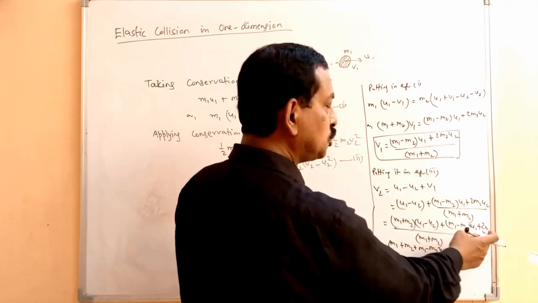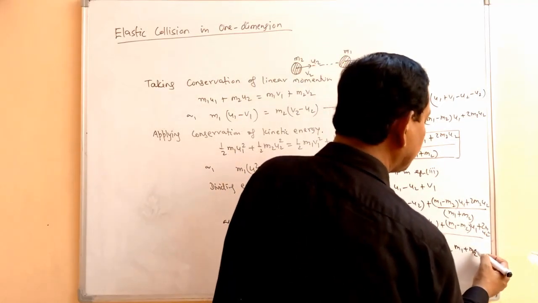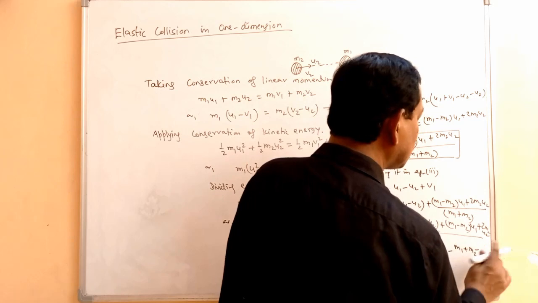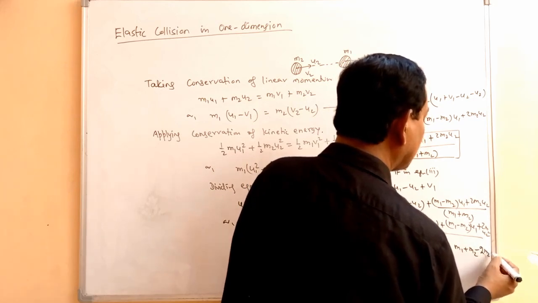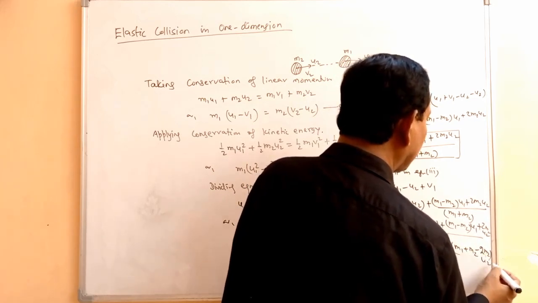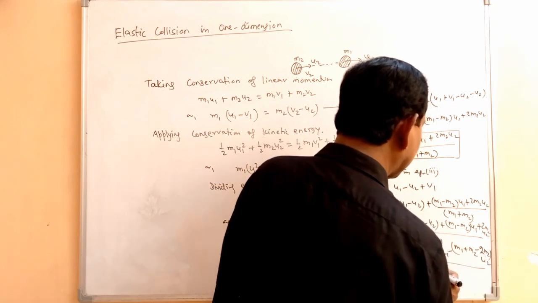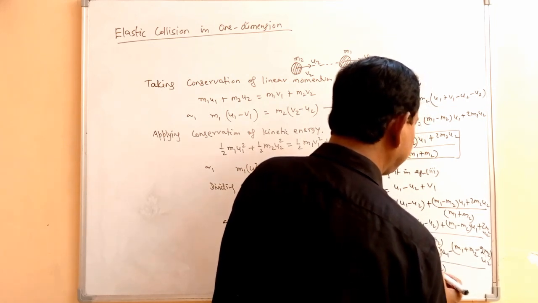Then the u2 term will be minus 2 times m2 multiplied by u2 divided by (m1 plus m2).